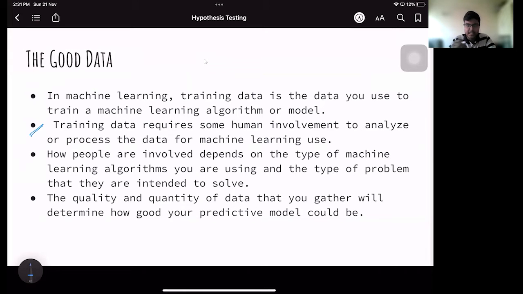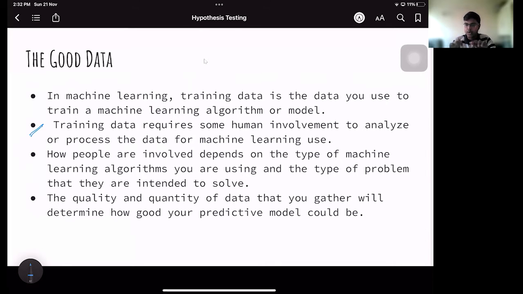Like I said, if you want a classification algorithm, then you want a label on each data point determining which class it belongs to, so that it will predict for the new data. Otherwise, if it's regression and other things, that will correspondingly include other types of involvement. The quality and quantity of data that you gather will determine how good your predictive model could be.